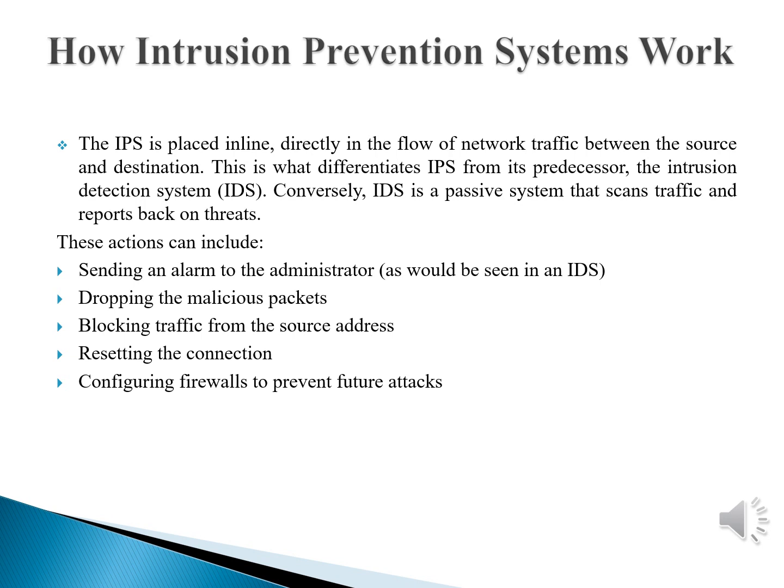This is what differentiates IPS from its predecessor, the intrusion detection system. And the actions can include sending an alarm to the administrator, dropping the malicious packets, blocking traffic from the source address, and resetting the connection, also configuring firewalls to prevent future attacks.